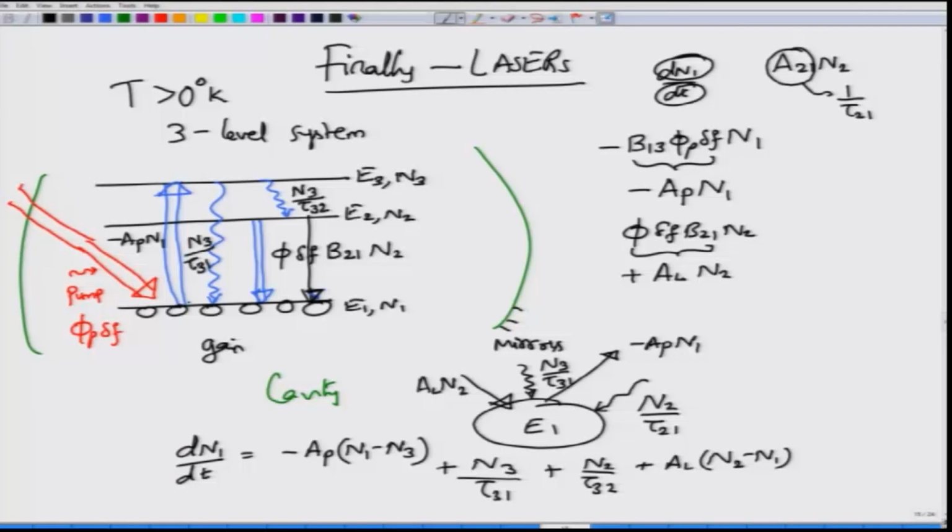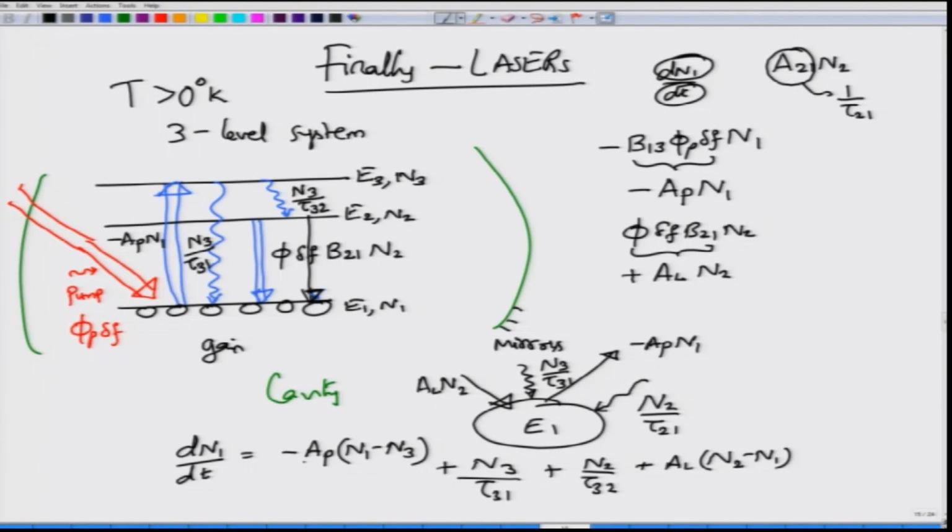So what is the contribution of the absorption? Photons can be absorbed, or reabsorbed, to make atoms go from E3 to E1, so instead of N1 the actual change will be N1 minus N3 times AP.